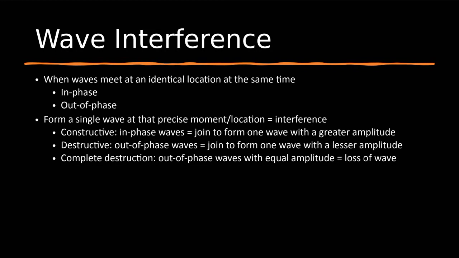You've got zero amplitude now, because if you have one wave that has 50 of an amplitude and the other wave has 50 of an amplitude, even though the 50s are not occurring at the same time, when you subtract the equal amplitude from the other wave, you're getting zero. So you're completely losing that wave, and it's going to be complete destruction of that wave. So that's no longer interference, that is total, complete destruction.